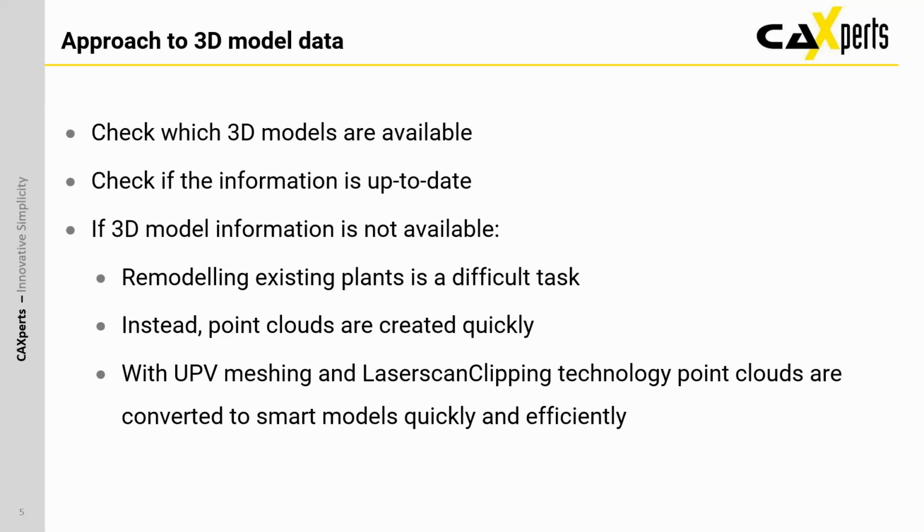What does smart models mean? We're creating a textured wireframe mesh from the laser scan, and we can use our laser scan clipping technology to clip single objects off the laser scan and make them objects of their own with attributes and the possibility to attach documents to them.